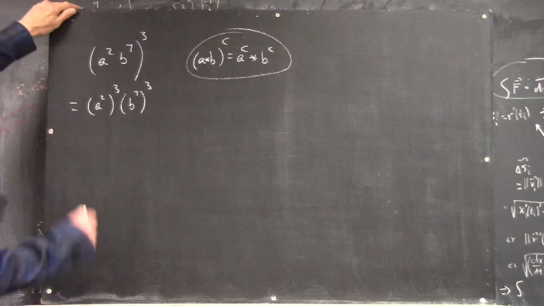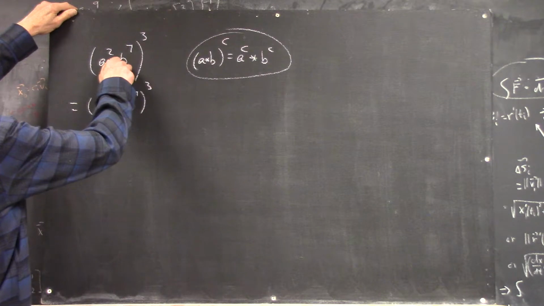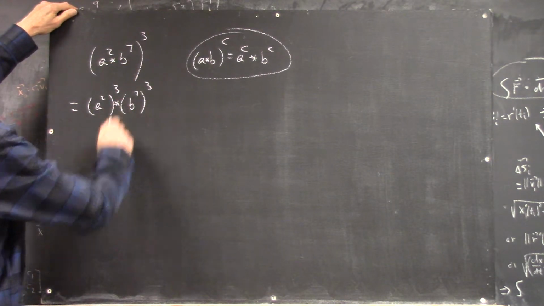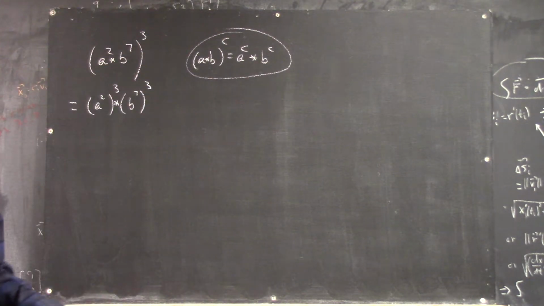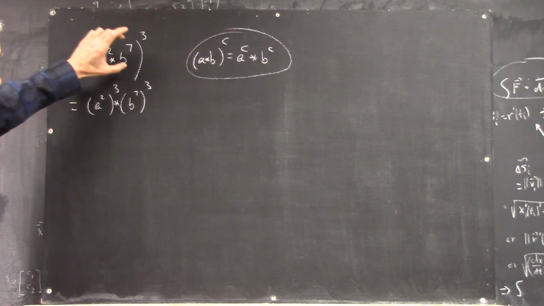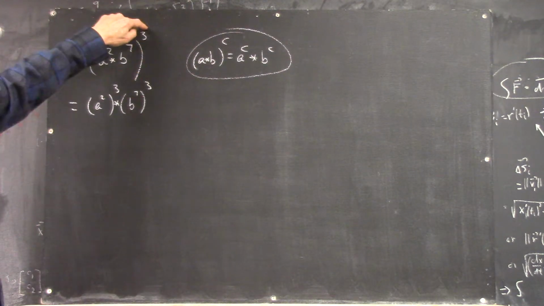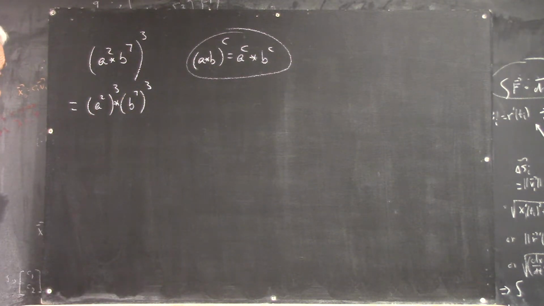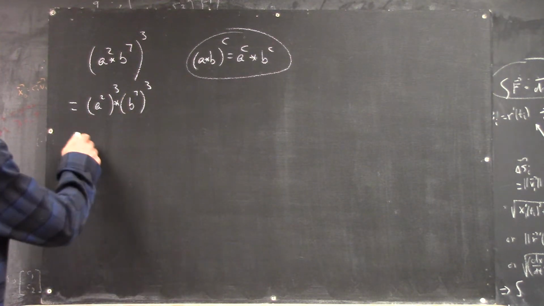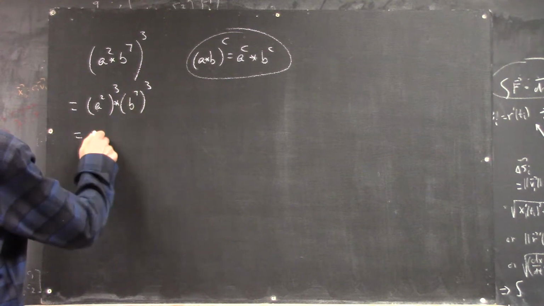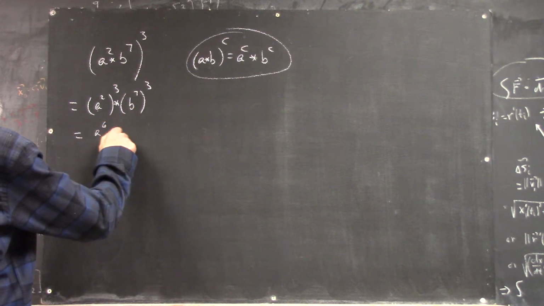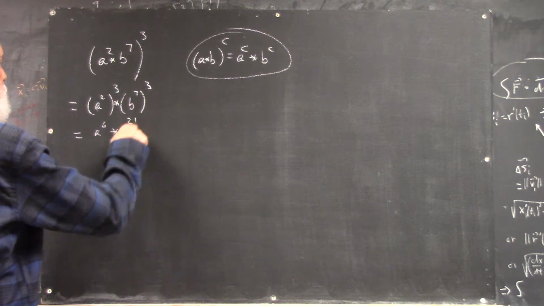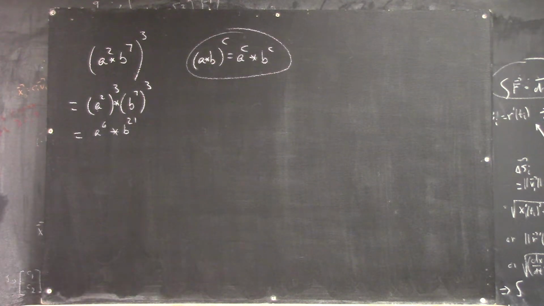You still have two things being multiplied, so I could put it like this, to be formal about it. Here's something multiplied by something else, and all that is raised to the third power. It equals this. And of course then, a squared cubed is a to the 6th. b to the 7th cubed is b to the 21st power.